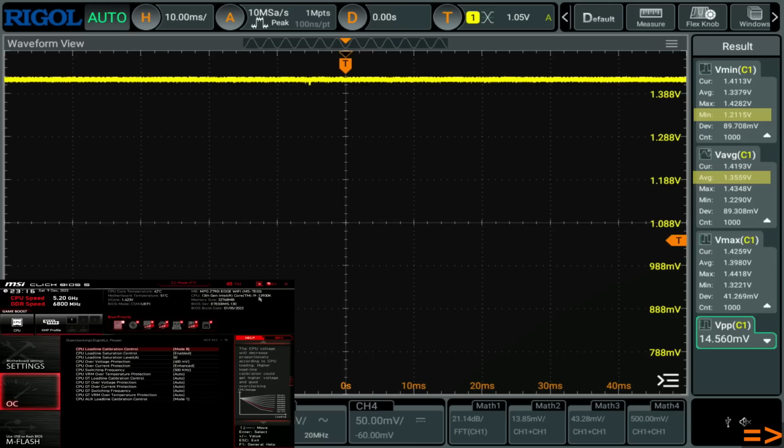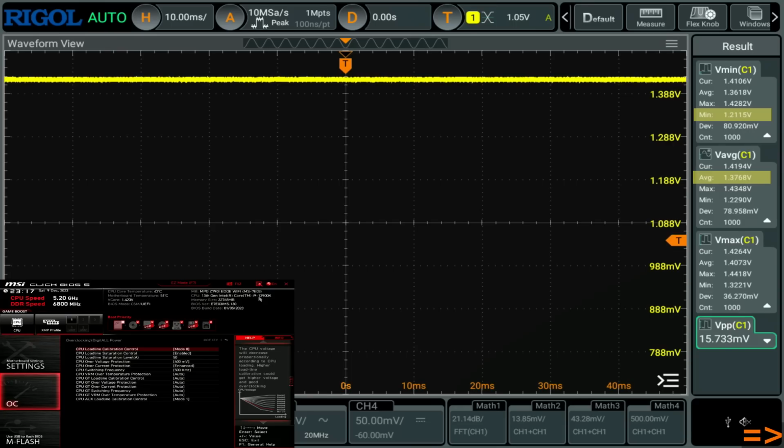So if we're pulling 250 amps, and we see we're going from like 1.46 down to 1.23, we're seeing 230 millivolts. So actually, that's almost a millivolt per amp.